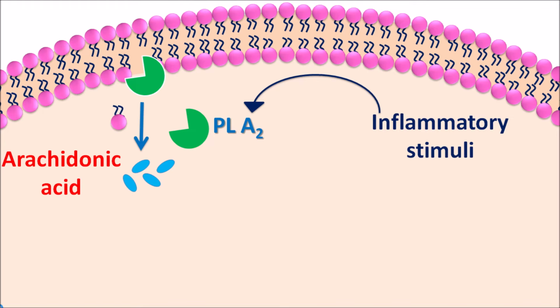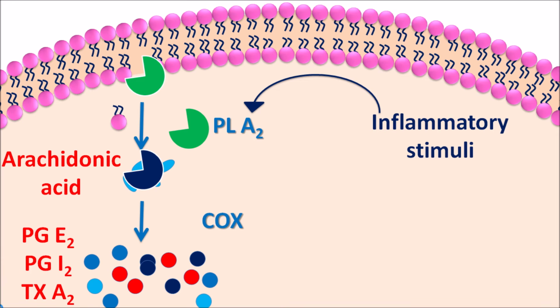Now, COX is another enzyme which can interact with this arachidonic acid such that they are going to be converted into various mediators such as prostaglandins and thromboxanes. So, PGE2, PGI2 and thromboxane A2, all of them can produce inflammation, resulting in the swelling, redness and itching of the skin.